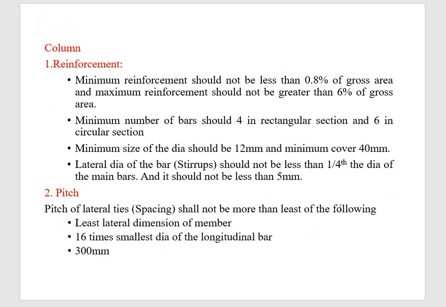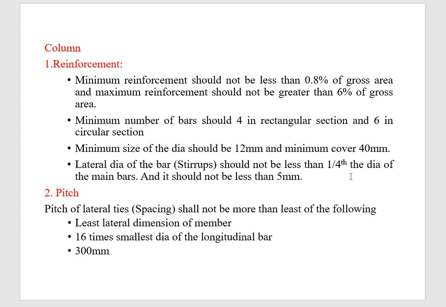Then for a column, the lateral dia of the bar or stirrups should not be less than 1/4 of the dia of the main bar, and it should not be less than 5 mm. Keep it in mind. Suppose if we use 16 mm dia for the main bars, the value will be 16/4, means 4 mm.